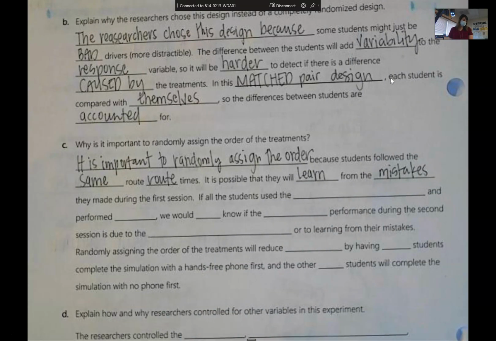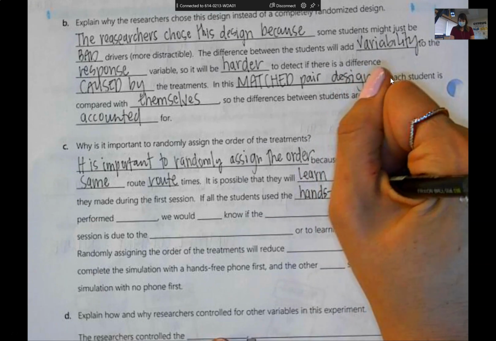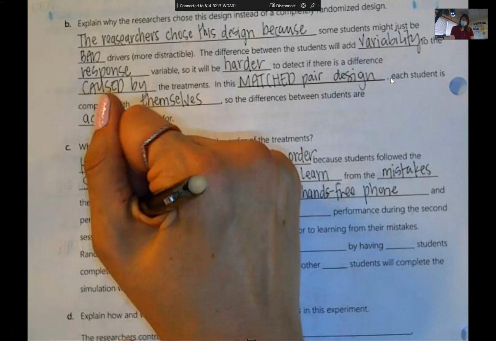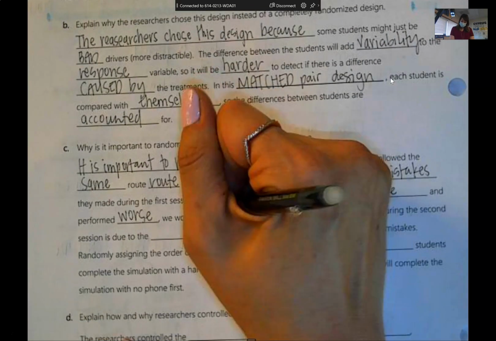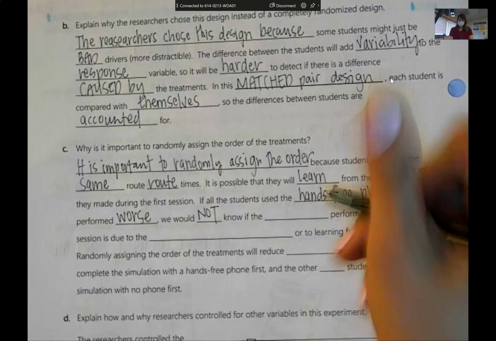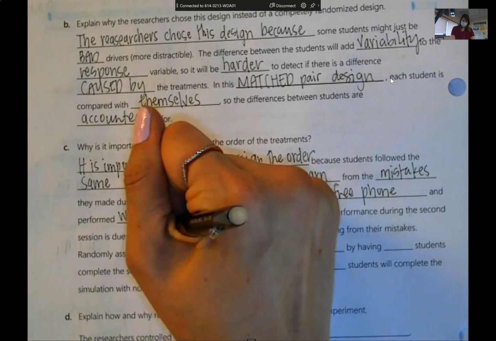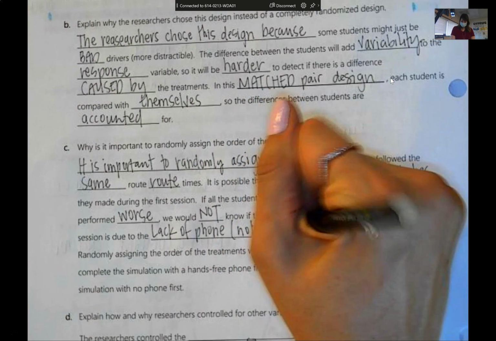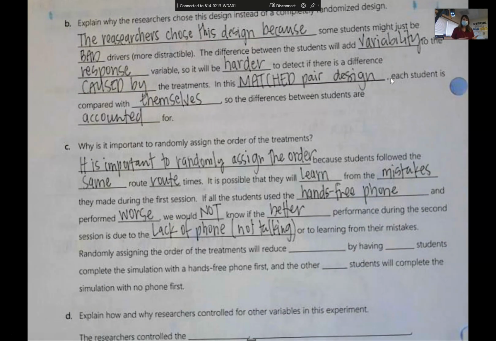If all of the students used the hands-free phone first, so if all of the students were talking first in the simulation and performed worse, we would not know if the better score during the second session is due to the lack of phone, so is due to not talking, or from the fact that they remembered, okay, I got to turn on my signal every single time.